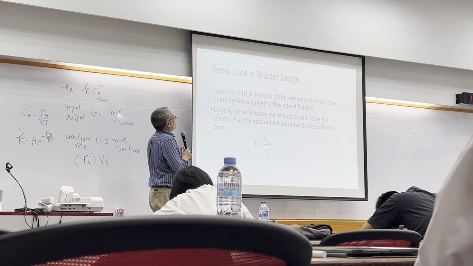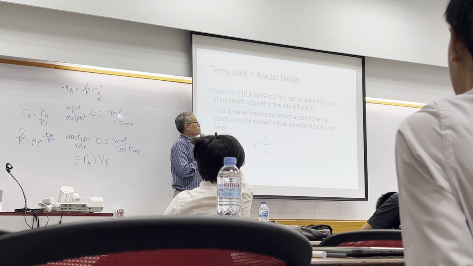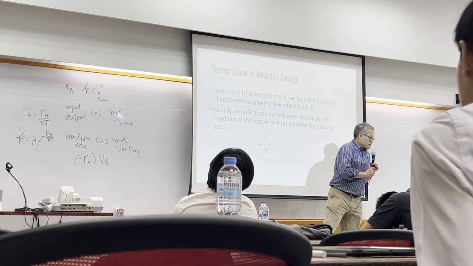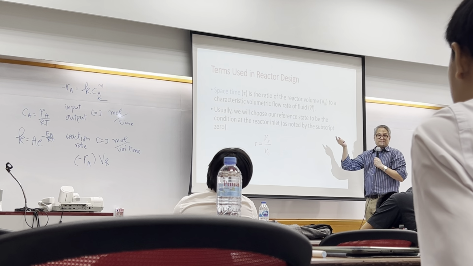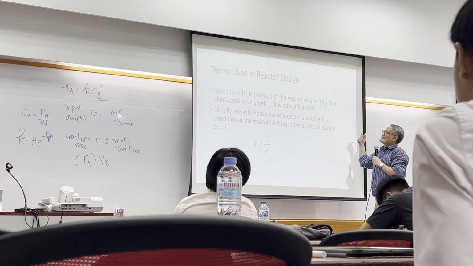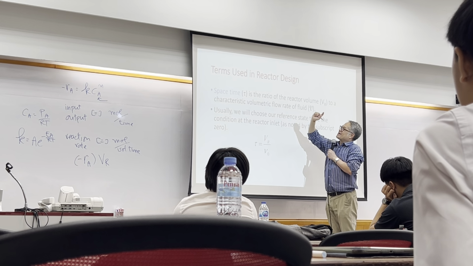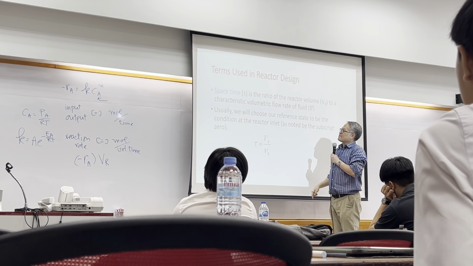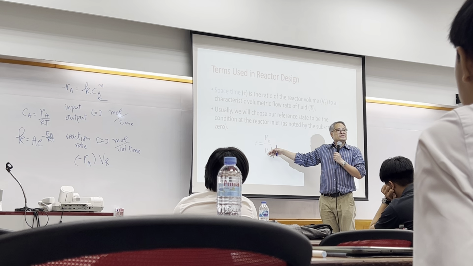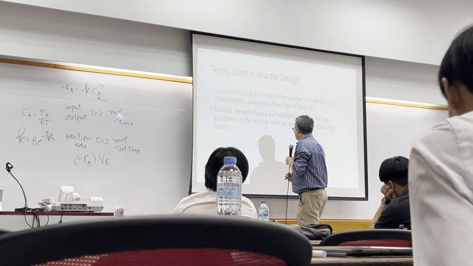Okay, and there will be a couple of terms that you run into when we discuss reactor design, okay? First one is space-time. Not time in space, not space-time. Space-time is the ratio of reactor volume divided by characteristic volumetric flow rate, okay? So volume divided by volumetric flow rate, you get the unit of time, right?